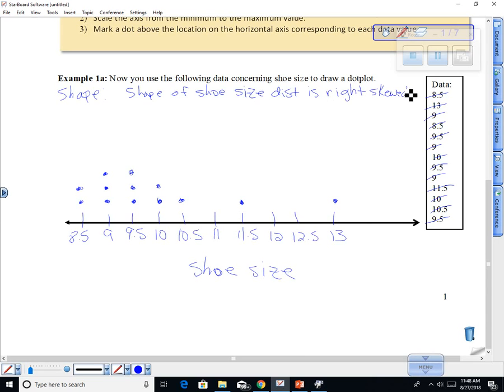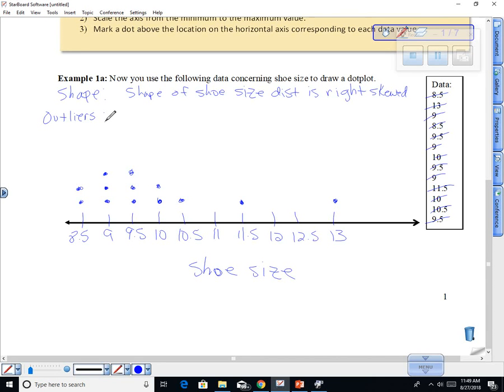Okay, what's the next thing I look at? Outliers. Do you think there's possibly an outlier here? Yeah, possibly 11 and a half and 13. 13 I'd be willing to bet money on. 11 and a half maybe or maybe not. We will have a very definite way of figuring that out.